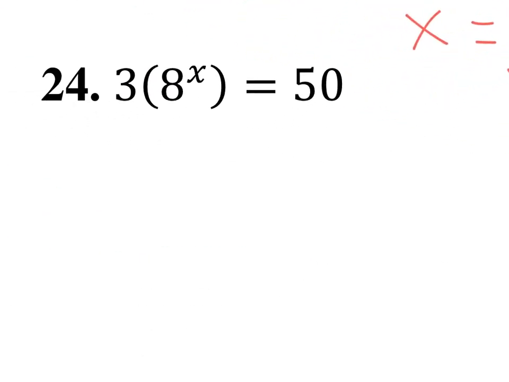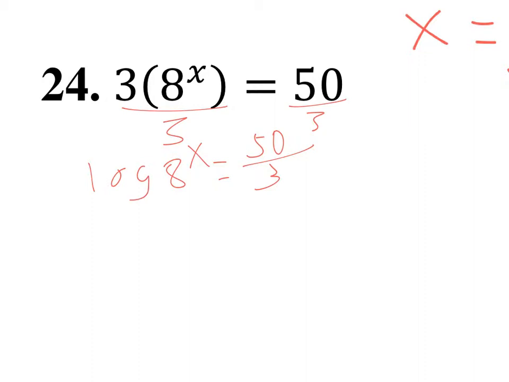Okay, next guy here, we've got an exponential. Not a logarithm, but we're going to use our logarithms. Let's divide by 3, and we get 8 to the x equals 50/3. Now what we need to do is take the log of both sides. So let's take the log of this and the log of this.